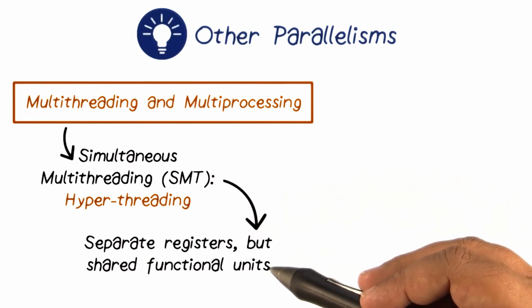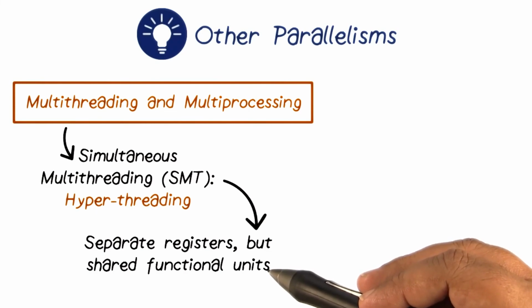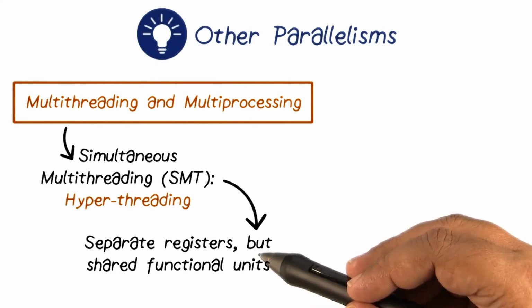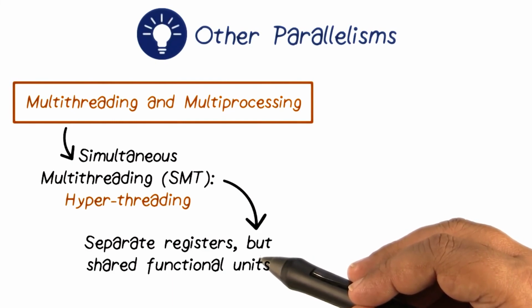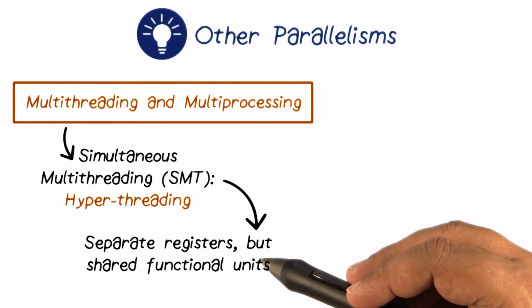Each thread has a separate set of registers, but they share function units, and therefore the chip is somewhat simpler and is not very high in terms of energy consumption. However, as you can see here, you must still have separate registers, and you must save those registers or context switch between different threads on demand if you're sharing some registers. And therefore some overheads can become high here. And so again, this approach has to be very cautiously employed for embedded systems.